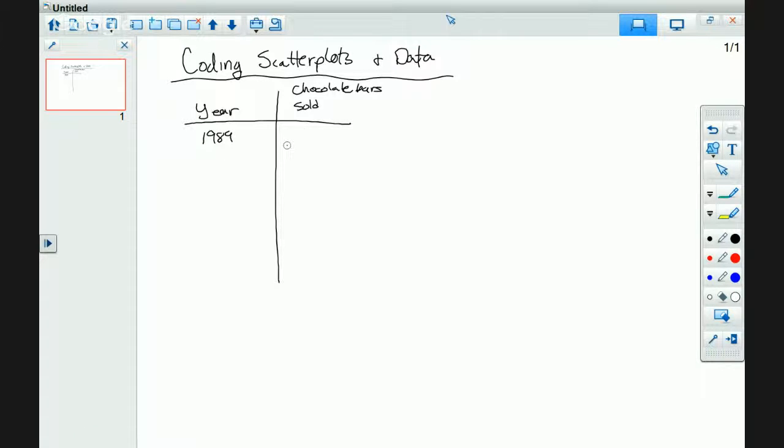In 89, like I said, I'm pretty sure the data's probably a little bit later in there. If you do 85 million chocolate bars a year, so.